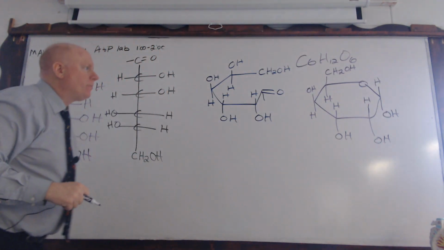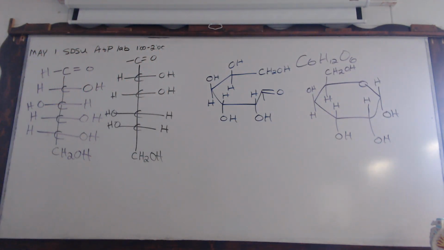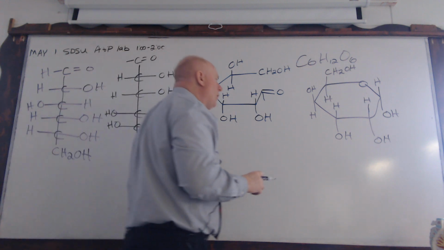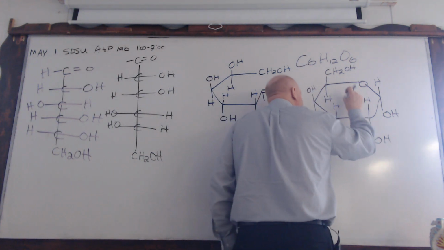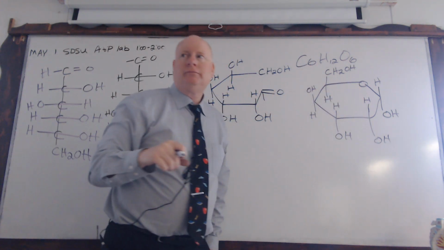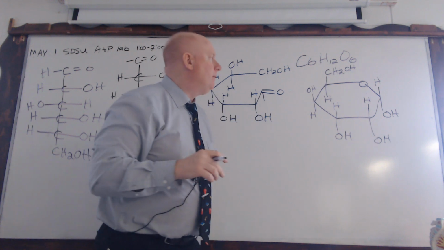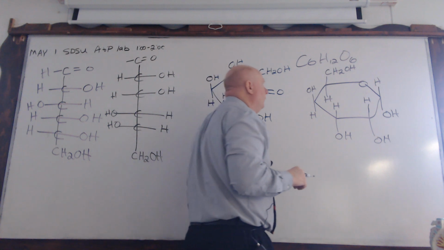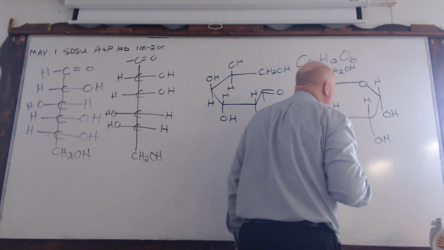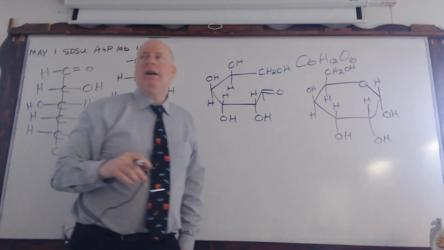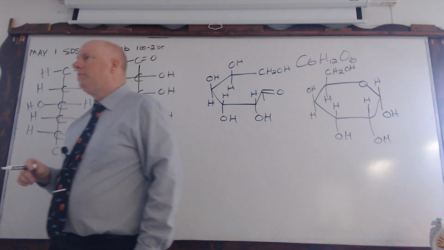What is the molecular formula for this structure? How many carbons does it have? Okay. How many hydrogens does it have? Okay. And how many oxygens does it have? Okay.